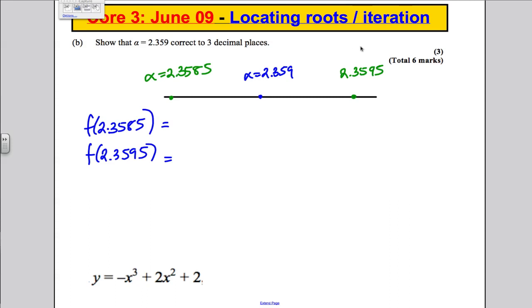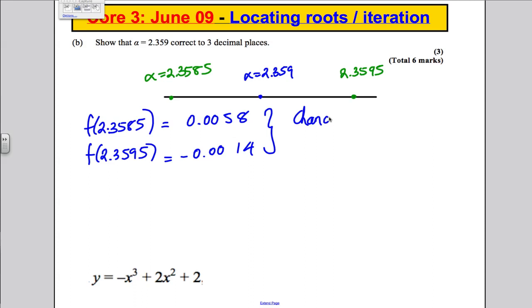For 2.3585, we should get 0.0058, and for 2.3595, we get negative 0.0014.